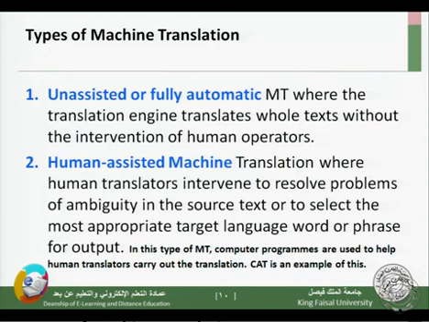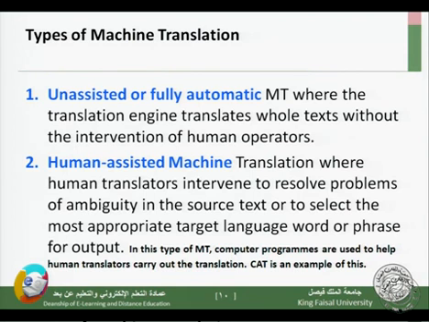In other words, you have a text, you put it in a program, and then this program produces a complete text without any help. This is called unassisted or fully automatic. But I'm not sure about the quality. I have my own reservations about machine translation products and computer-aided products, but it's not our concern here.